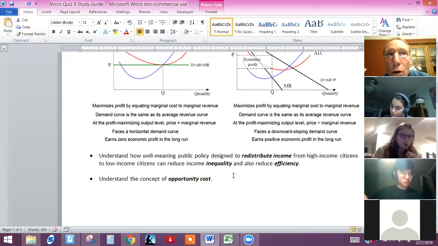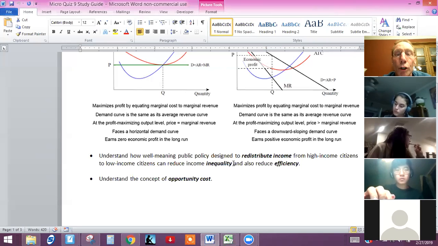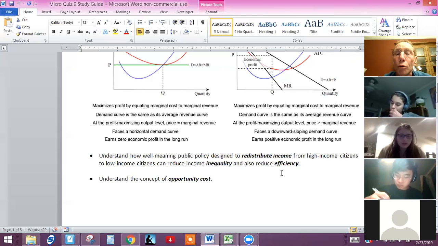And this is why there's so much political debate, because whatever the government does to try to reduce income inequality, they're also going to reduce economic efficiency.